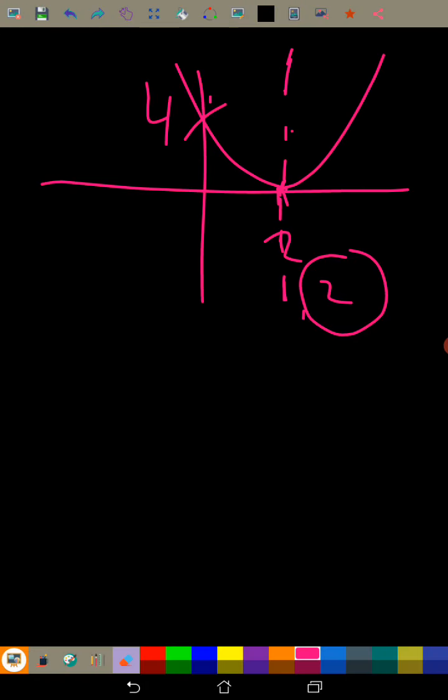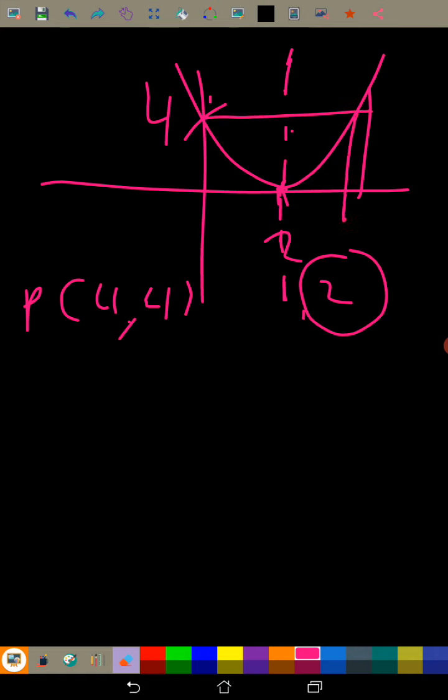So what are we going to do here? We're going to calculate the gradient at the point. We are being asked to calculate the gradient at the point P equal to 4, 4. And that's somewhere here, exactly here, because it's crossing here. So this is the point. We can draw a tangent.